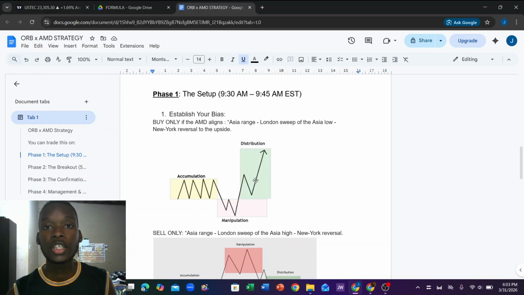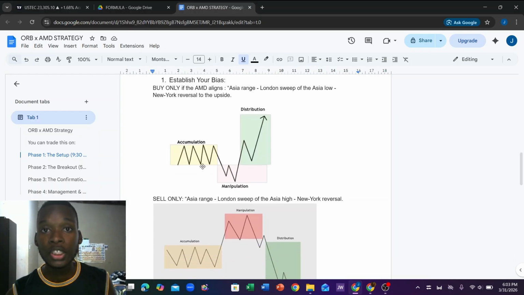On the 15-minute chart, the accumulation usually happens in the Asia session, the manipulation happens in the London session, and the distribution happens in the New York session. So you're going to look for accumulation in the Asia session, manipulation in the London session, and distribution in the New York session.